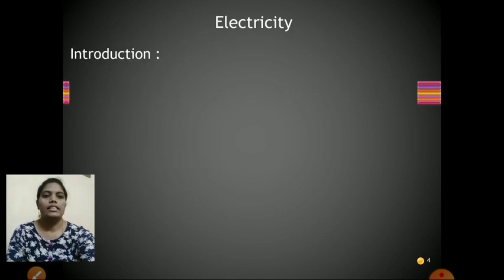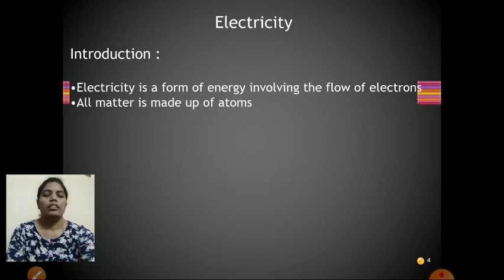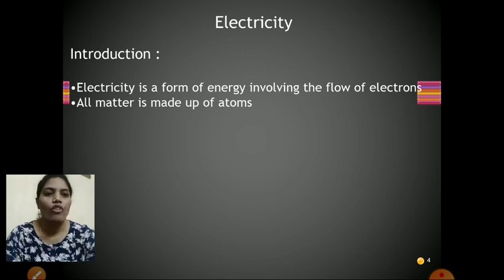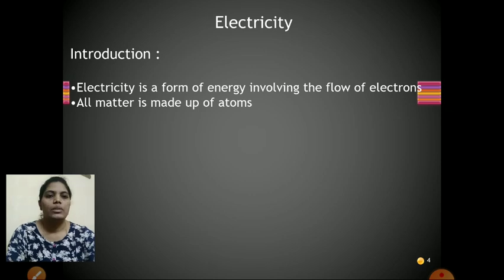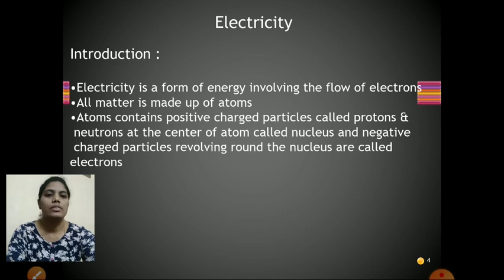So what is electricity? See, electricity is a form of energy which is involving the flow of electrons. Now, before discussing about the electrons, the matter which is present around us is made up of atoms.